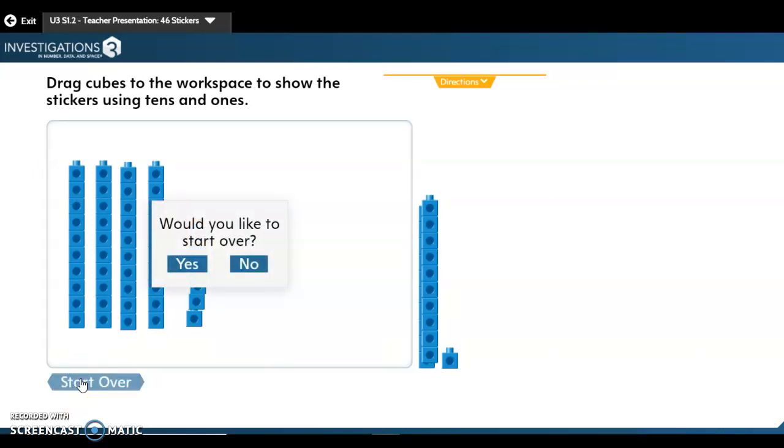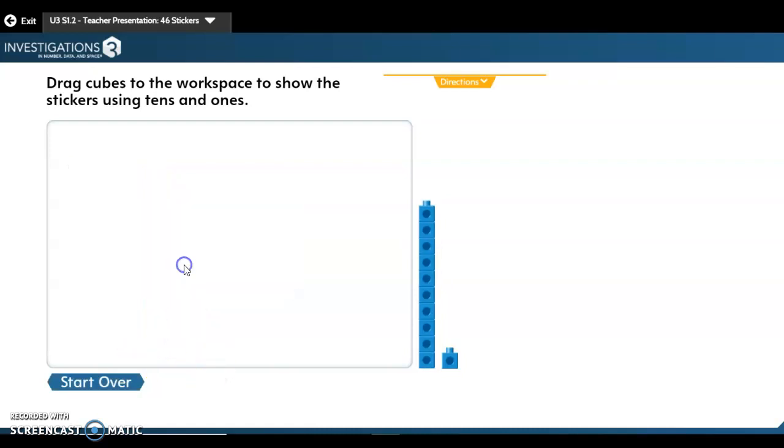Let's see if we can now go down to 3 strips, just like we did in the other problem.